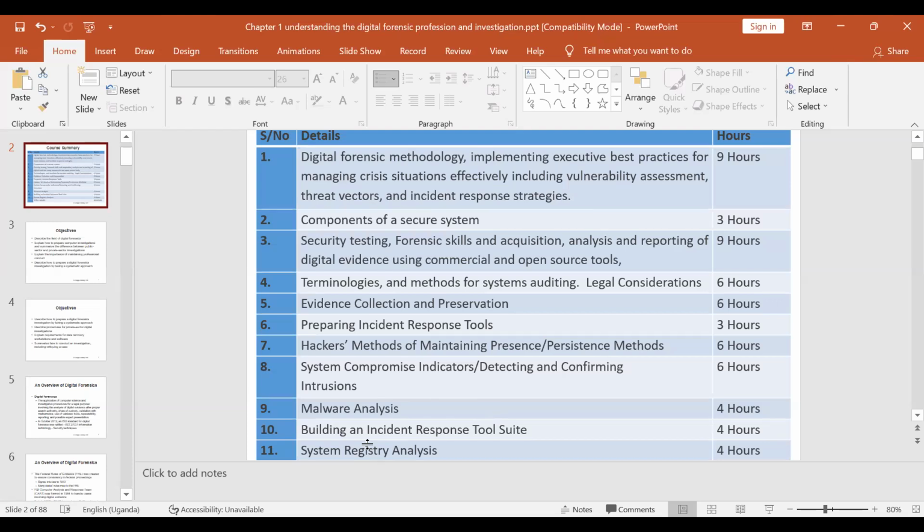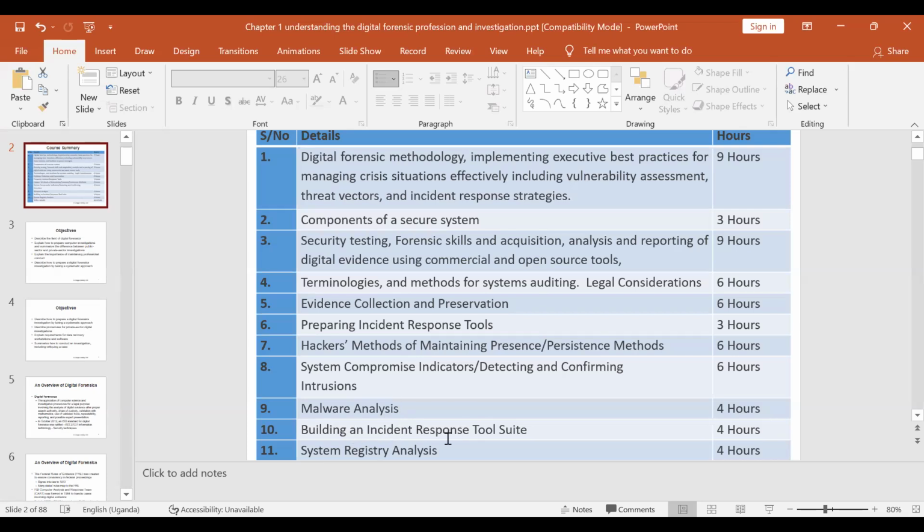We've left out 9, 10, 11, but 9 and 11 have already been done in practicals using Regshot. Regshot is what we use for malware analysis, as well as system registry analysis, finding out what is currently happening and what form of malware is running. And in chapter 8, we covered malware. That's where we ended. So we've really done it.